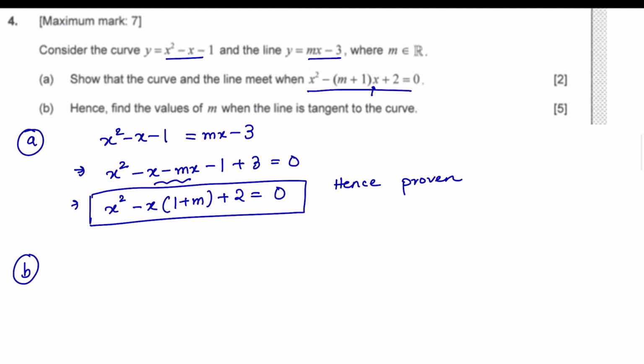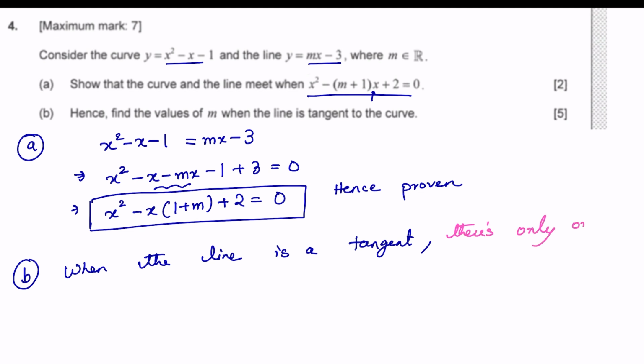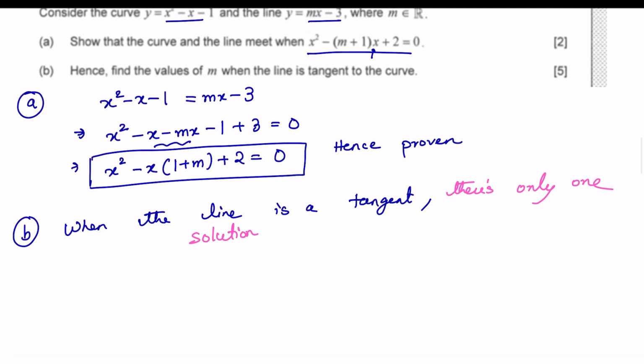Okay. When the line is a tangent, there's only one solution. And in a quadratic, you get one solution when the discriminant becomes 0.